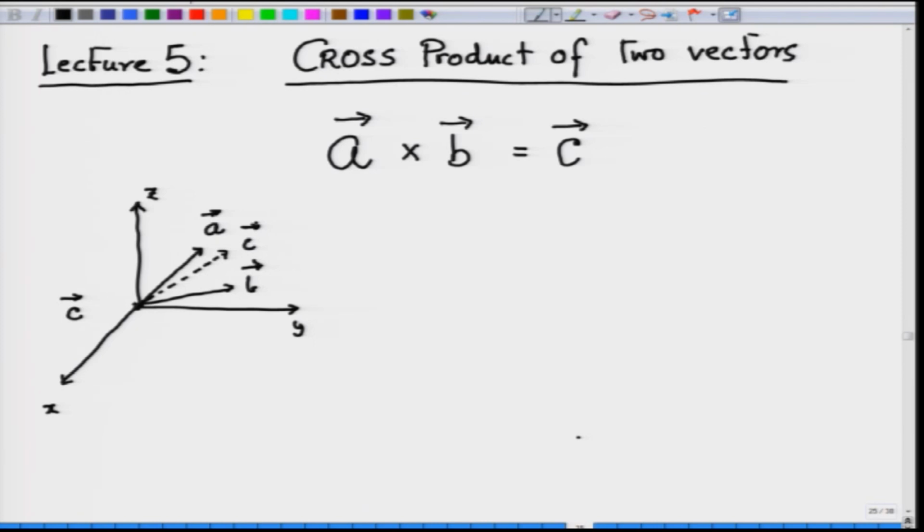Okay. So, how do you define this vector? There is a way of defining it. We will take vector A as A1 i plus A2 j plus A3 k, where A1, A2, A3 are the coordinates of A. We are just in 3 dimensions now, because beyond 3 dimensions you cannot define the cross product.